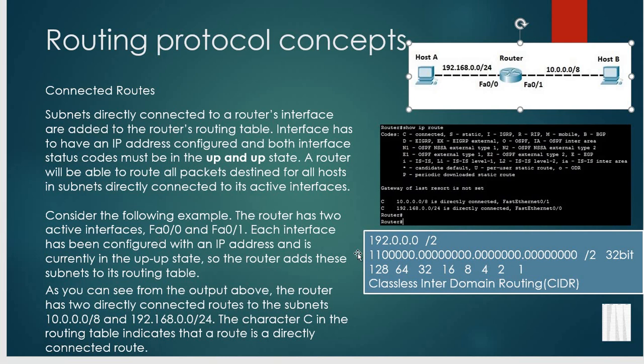If there were some EX or some OSPF entries in the routing table, then it was configured using Open Shortest Path First, or maybe the Routing Information Protocol RIP, or the Interior Gateway Routing Protocol IGRP, or the Enhanced Interior Gateway Routing Protocol. So these characters depict what types of connections are configured in the routers, based on this command, show IP route.